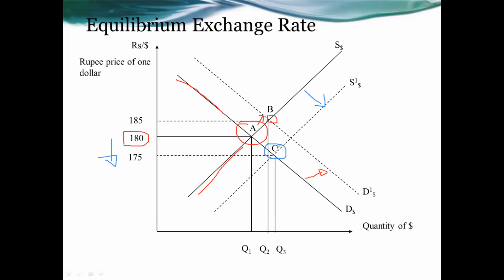At scenario C, the exchange rate is declining. Now we need to pay 175 Sri Lankan rupees to buy $1 US. So likewise, you can see that shifting demand and supply will change the exchange rate, either increasing or decreasing. Right? Now, what we discussed is the shifting of demand and supply.